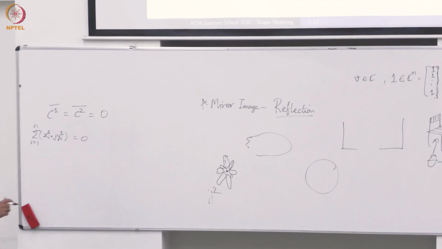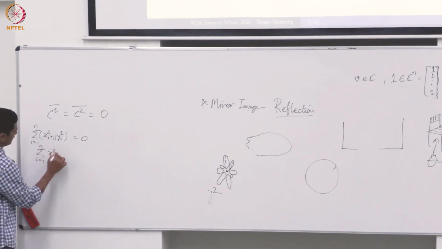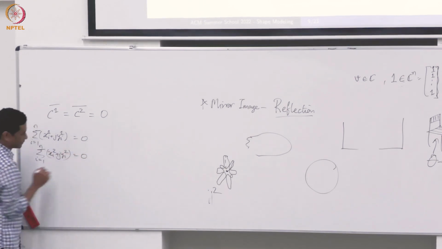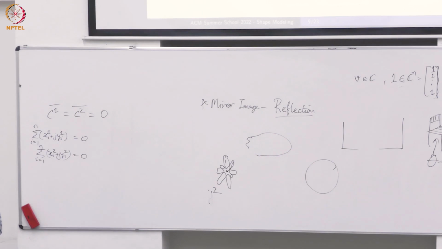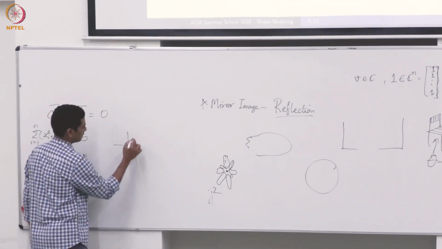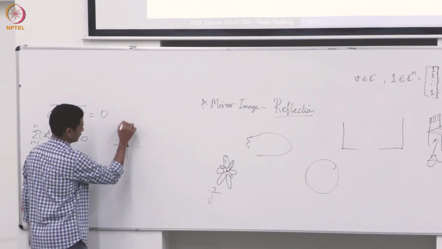And similarly, the summation of xi squared plus yi squared, i going from 1 to n, is also 0. What it means is all the landmark points are equally distributed about the origin.